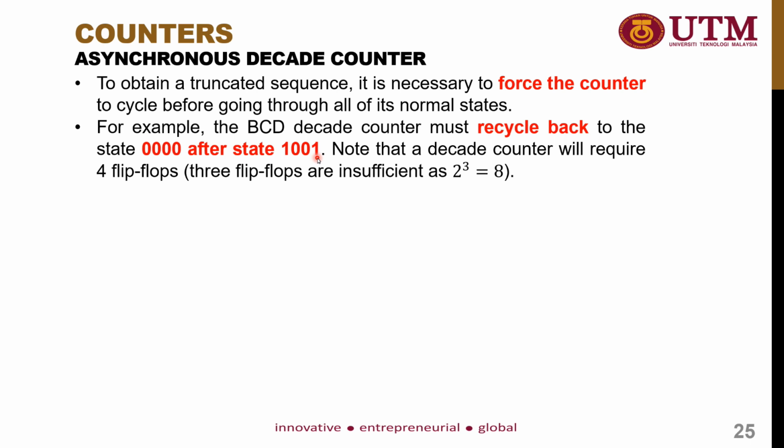We just want the count to stop at 1001. Note that the decade counter requires 4 flip-flops because 3 flip-flops are insufficient, since 2 to the power of 3 is 8.